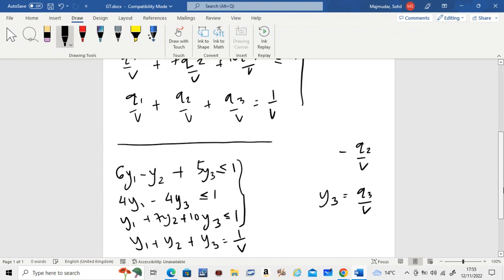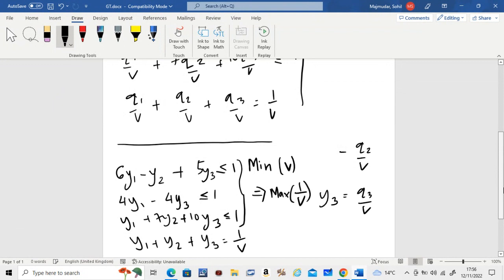And remember, player B does minimax, so he minimizes v. He minimizes all of the values that you get. Now, this is another important point to note. This is the same as maximizing 1 over v.